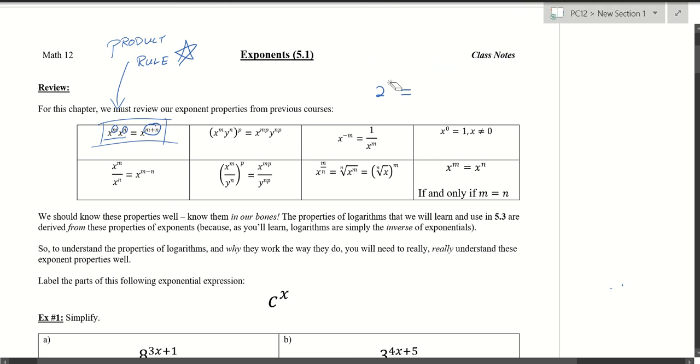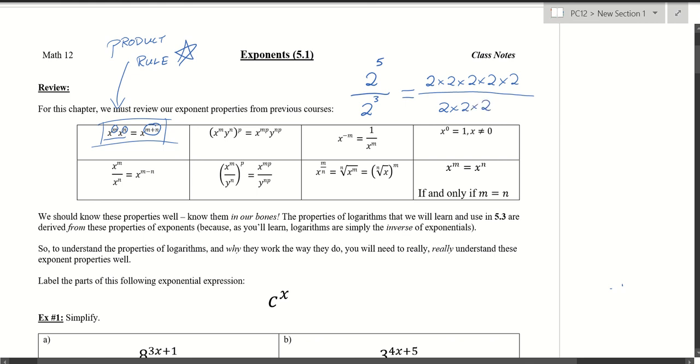Now, that's our product rule, and we can also look at the next rule, which is our quotient rule. Let's say I have 2 to the power of 5, but instead of multiplying it by 2 to the power of 3, I divide it by 2 to the power of 3. Here, I can just expand these powers into repeated multiplication. That's 2 to the power of 5 in the numerator, and 2 to the power of 3 in our denominator.